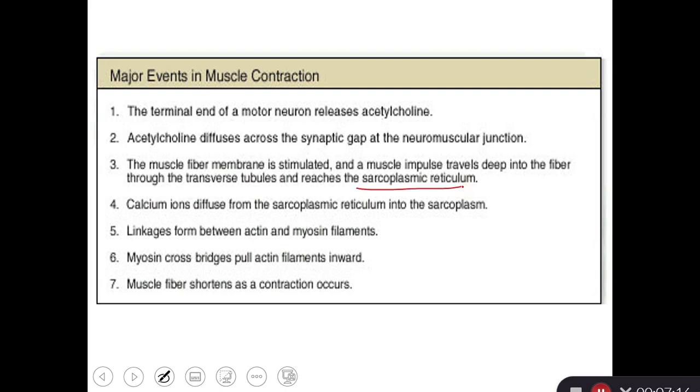Calcium now unlocks troponin and tropomyosin moves away. So now actin is not covered. Then linkage happens between actin and myosin, and then myosin attracts actin to the center of the sarcomere, leading to shortening of the sarcomere. And this is muscle cell contraction.